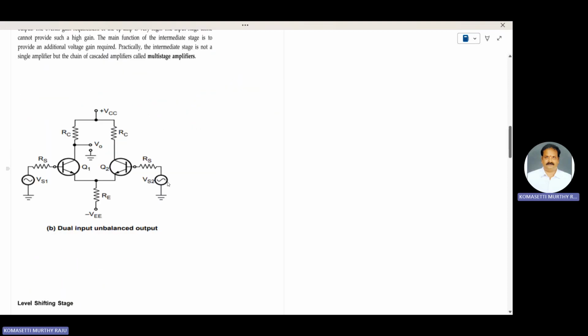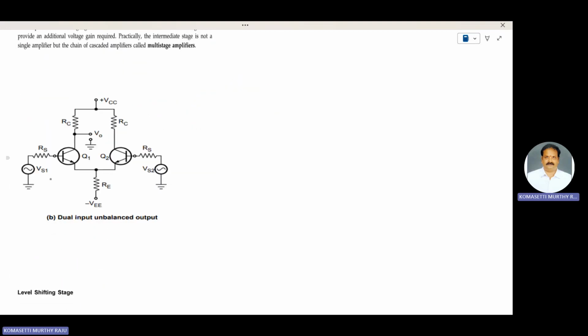Intermediate stage means dual input, unbalanced output. Dual input, unbalanced output means the output is taken across only one collector terminal.